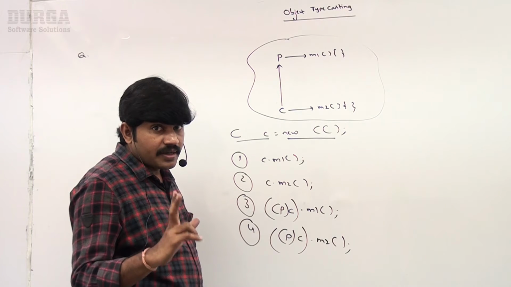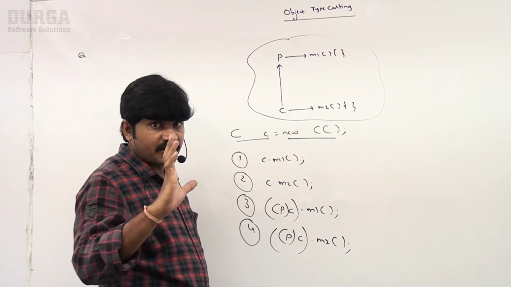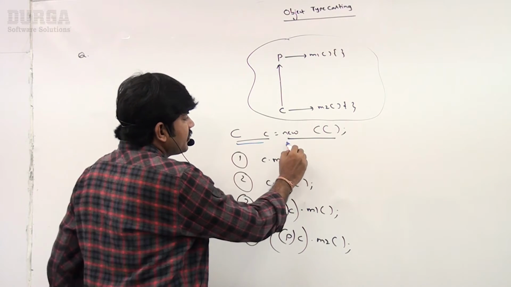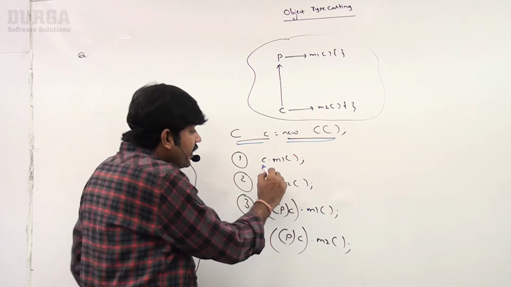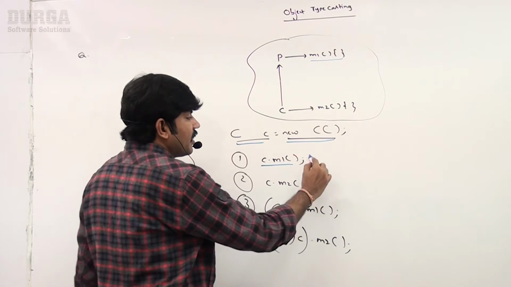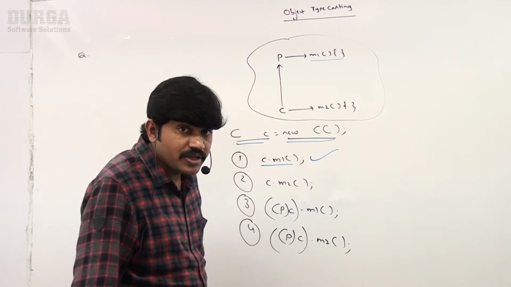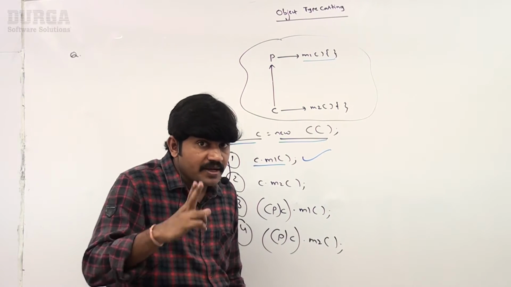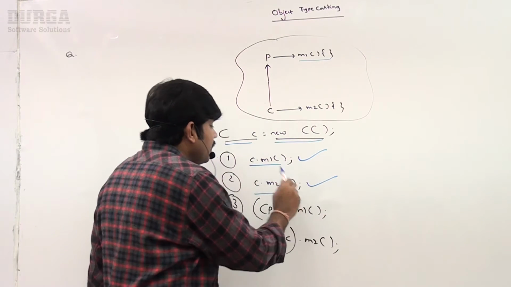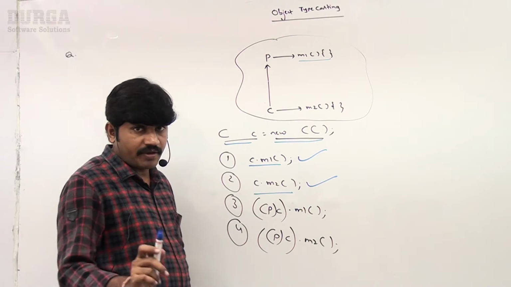Okay? Sir, take special care about this terminology: child reference, child object. On the child reference, the method which is available in the parent class, happily you can call. On the child reference, both the parent and child class methods we can call. That's why both are acceptable.